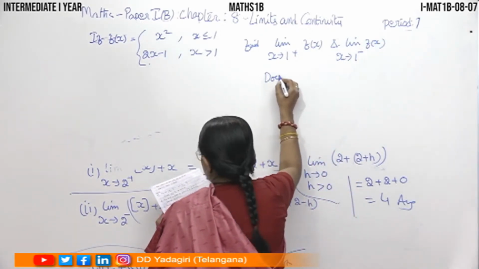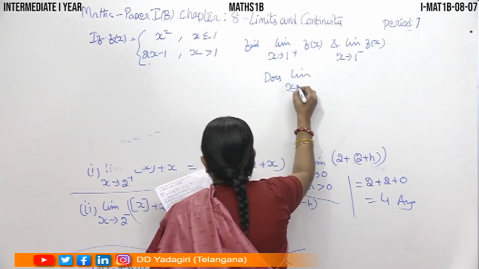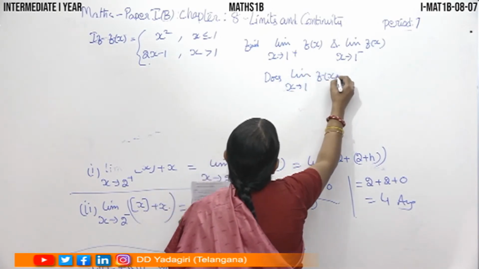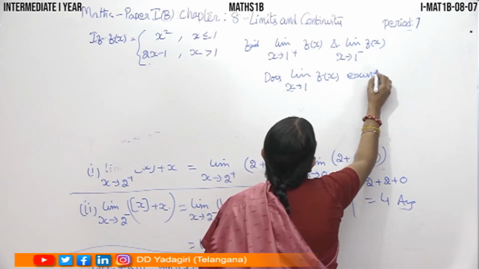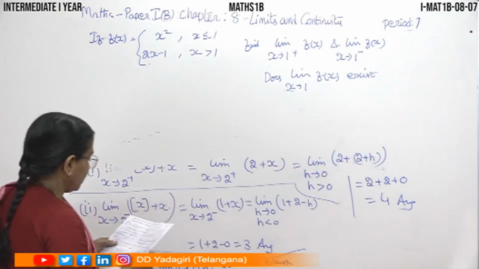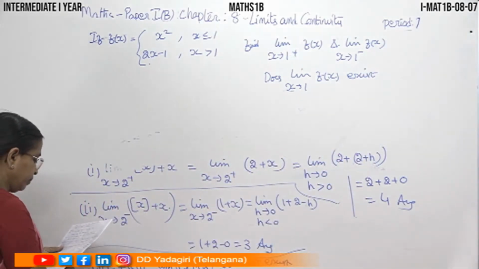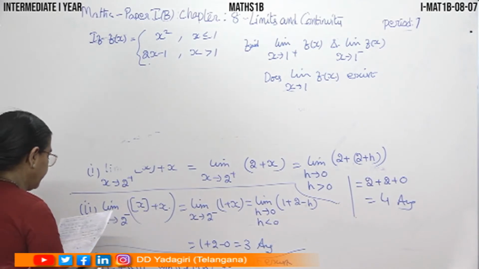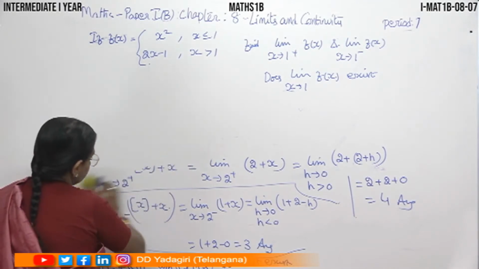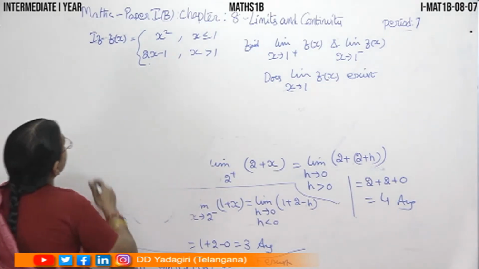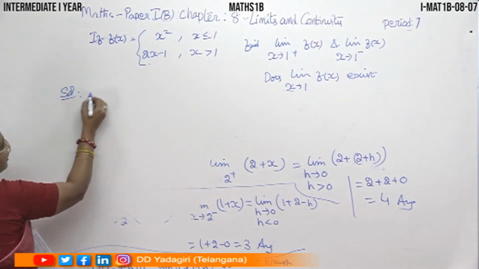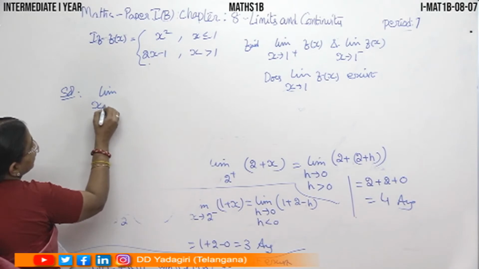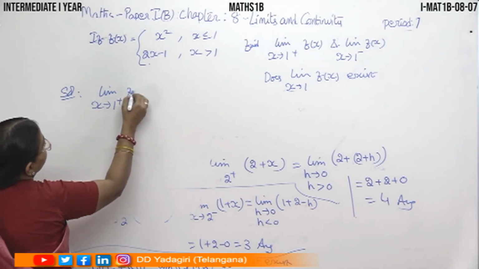And then does limit x tending to 1 of f of x exist? That is the question. So it is almost the same type of problem. Okay, in the solution, we'll write limit x tending to 1 plus of f of x.